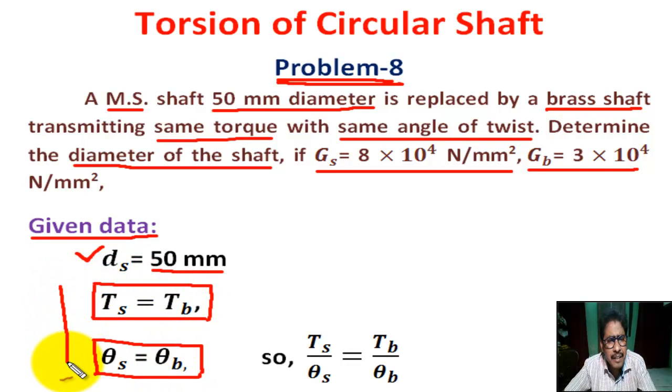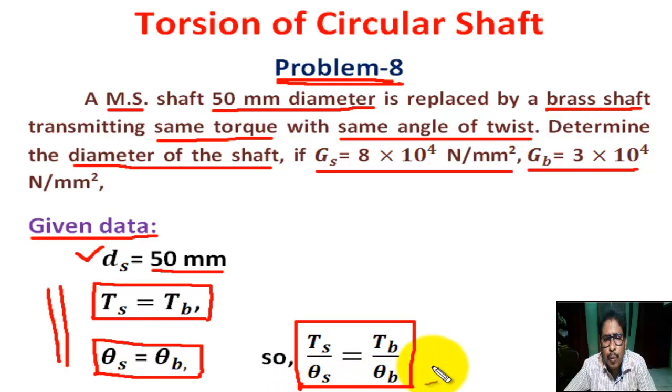From this relation, we can say TS by theta S equal to TB by theta B. This we find out from this relation.